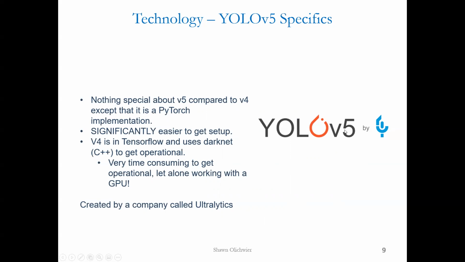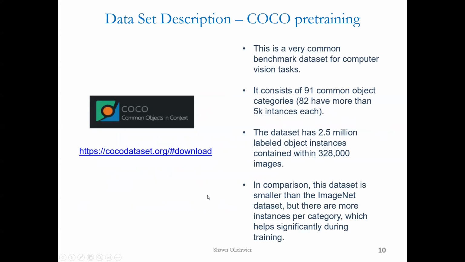Version V5 is actually the same as V4. There's no new functionality. It was created by a company called Ultralytics, and it is really just a PyTorch implementation of YOLO V4. The great thing is that Ultralytics made it incredibly easy to use.